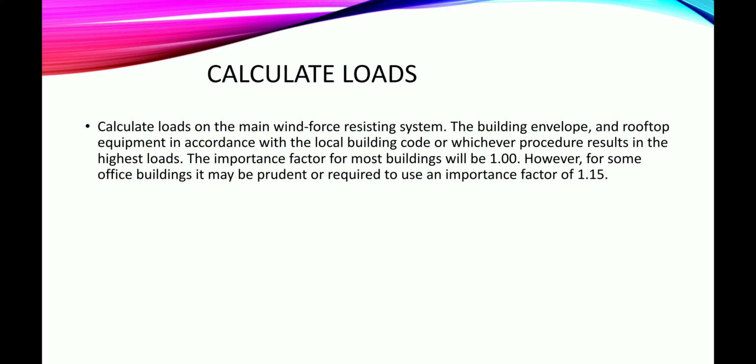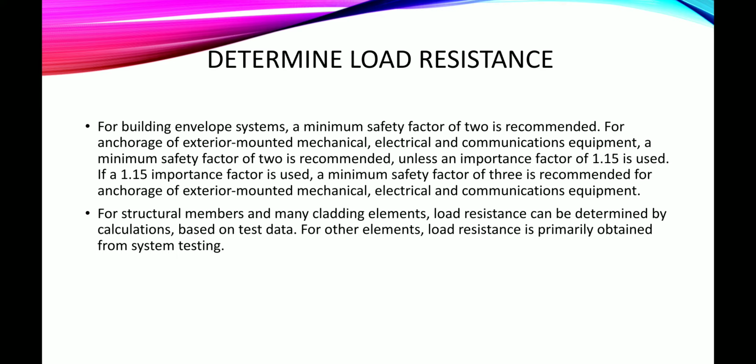For anchorage of exterior mounted mechanical, electrical, and communications equipment, such as satellite dishes, a minimum safety factor of 2 is recommended, unless an importance factor of 1.15 is used. If a 1.15 importance factor is used, a minimum safety factor of 3 is recommended for anchorage of exterior mounted mechanical, electrical, and communications equipment.